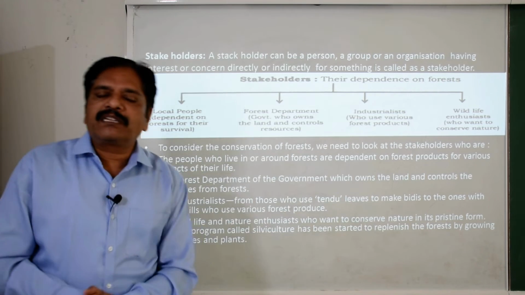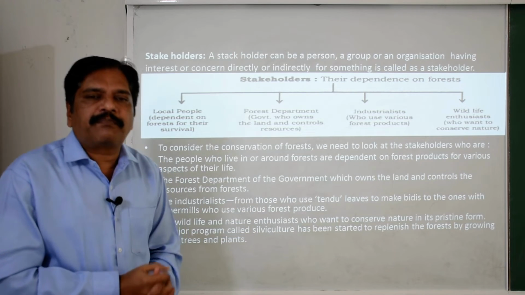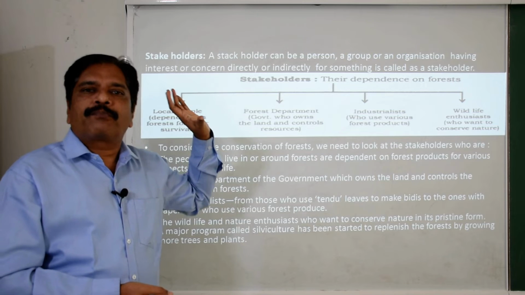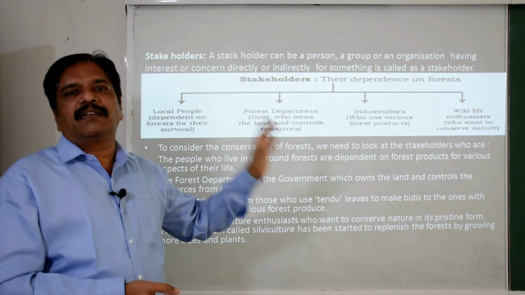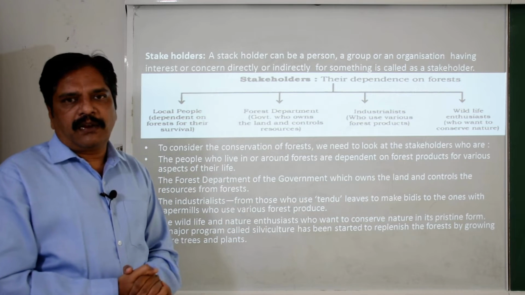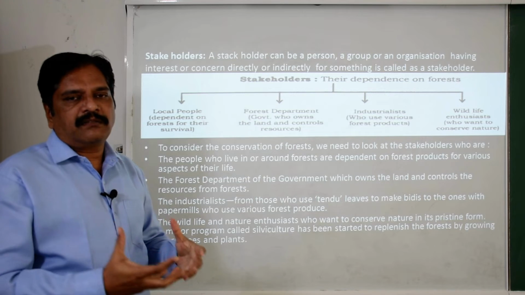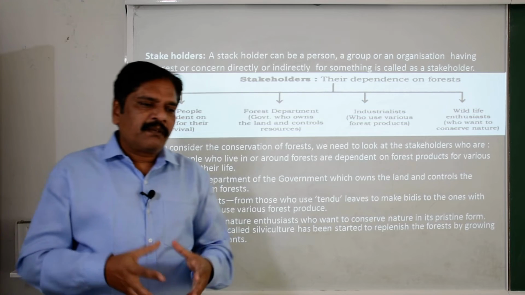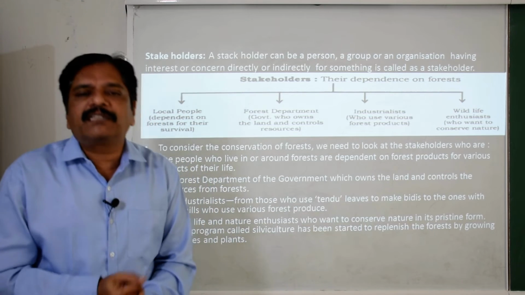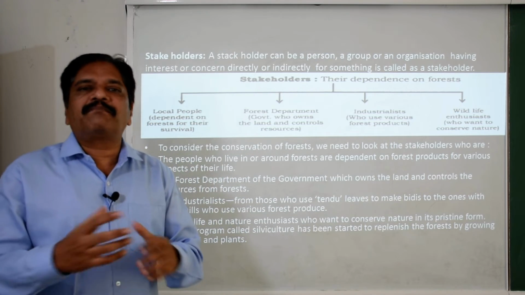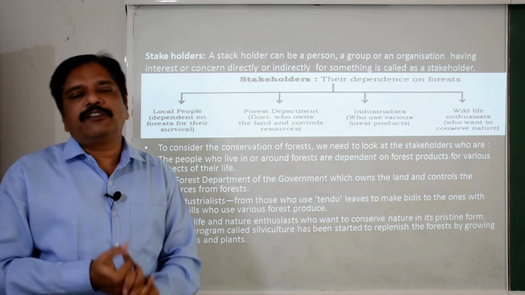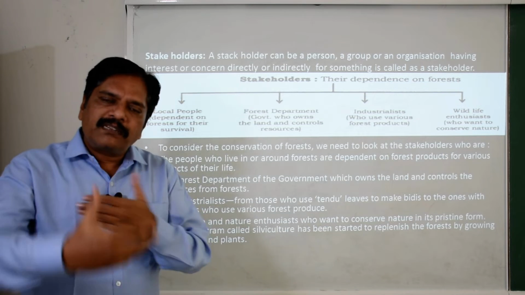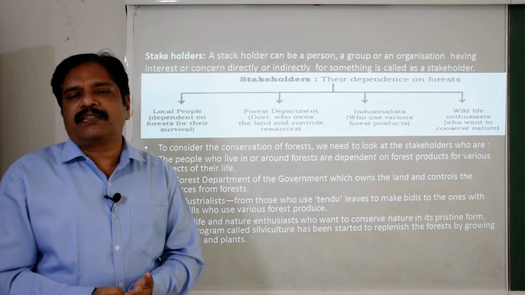Then second, the forest department. It is the government department which is responsible for maintaining the proper facilities and protection. It is actually the owner of this land. By deciding a particular policy for this forest, they can manage its basic features. Suppose that they are using monoculture in this forest.